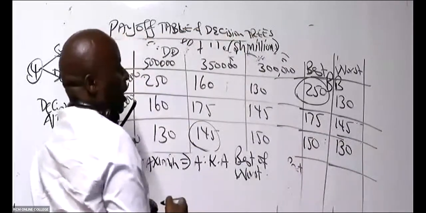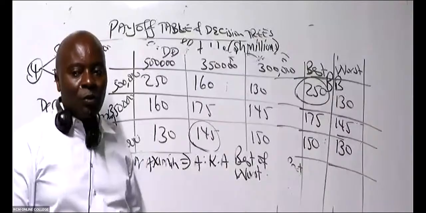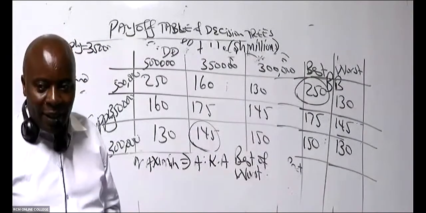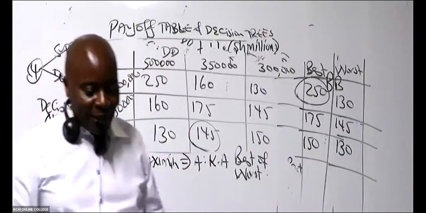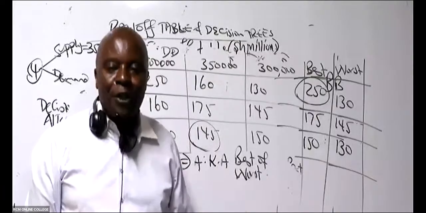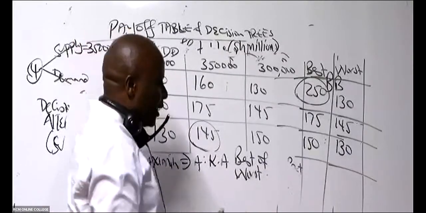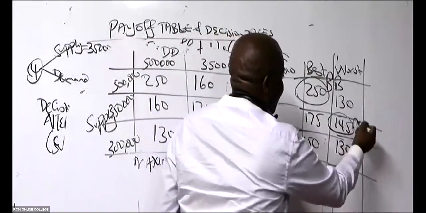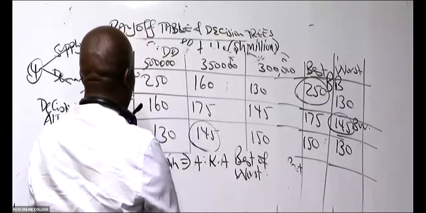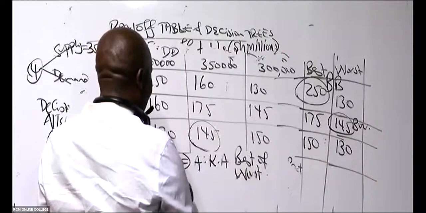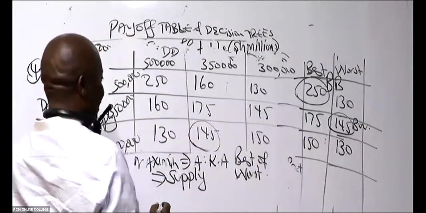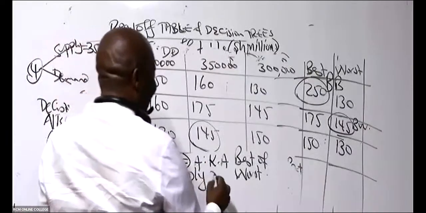So among the three, which one will be the BW, best of the worst? 145. So best of the worst there will be 145. So this is what we call BW. And therefore, if it's max mini, in this case here, supply how many units? 350.